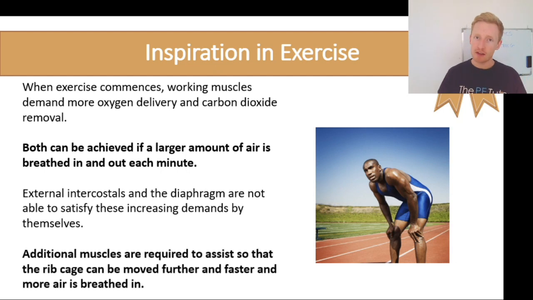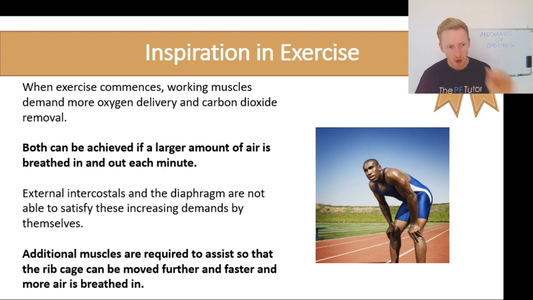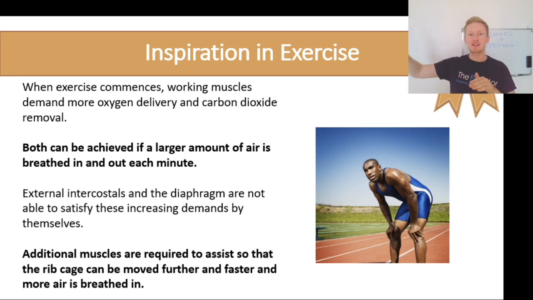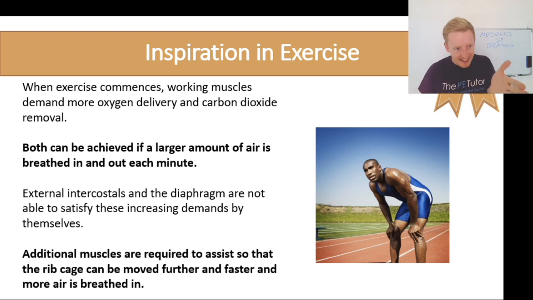And in order to do this, we can't just rely on that third point down there. We can't just rely on the external intercostals and the diaphragm. They're not going to be able to satisfy this increase in demand. Those muscles alone, they can only change the thoracic cavity size at a certain speed and at a certain frequency. So we need additional muscles, that bottom point there, additional muscles that can assist our external intercostals and diaphragm.